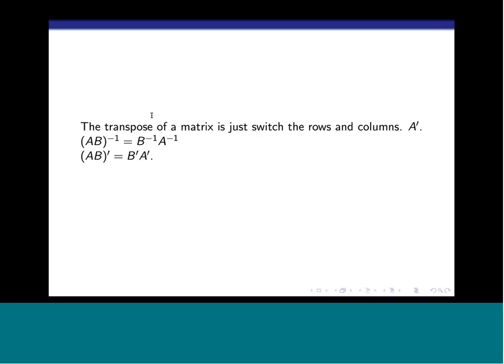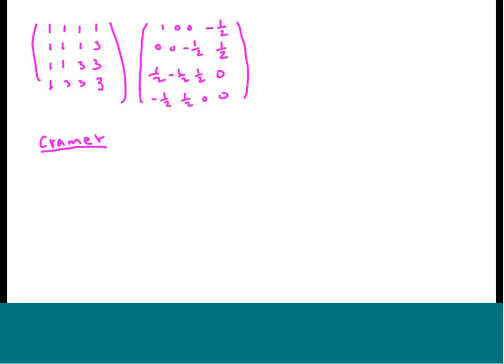The inverse has the following relationship: (AB) inverse is equal to B inverse A inverse. Because if you multiply AB by B inverse A inverse, it works out. Let's say it another way: (AB) inverse equals B inverse A inverse.